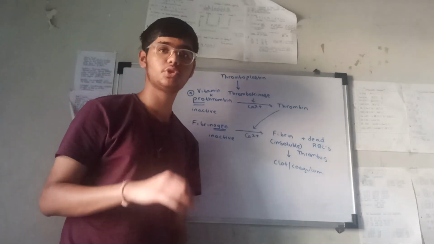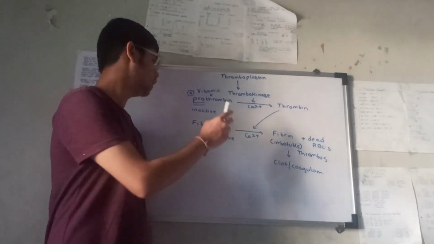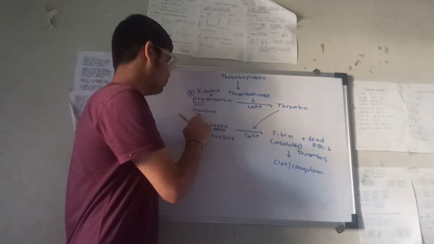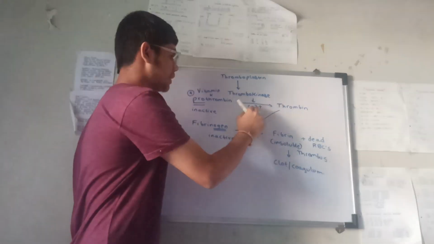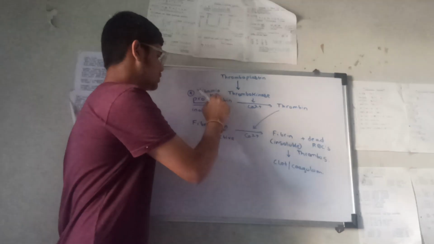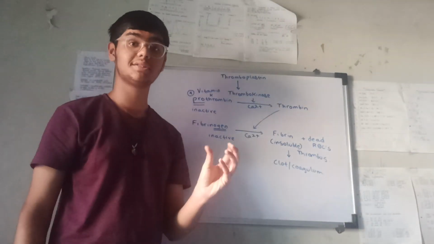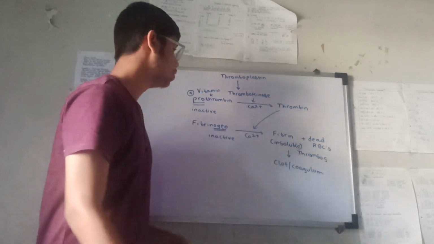What is the function of thrombokinase? It will convert prothrombin to thrombin. Pro means inactive, so prothrombin to thrombin in presence of calcium ions. And for synthesis of prothrombin, vitamin K is also important. It may be asked in the NEET exam also.